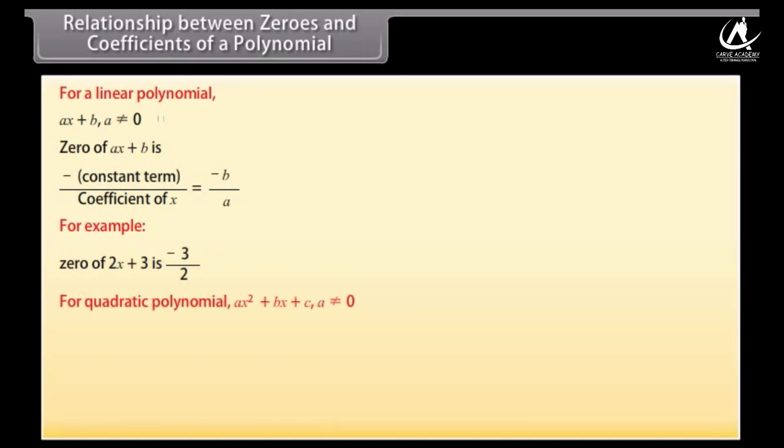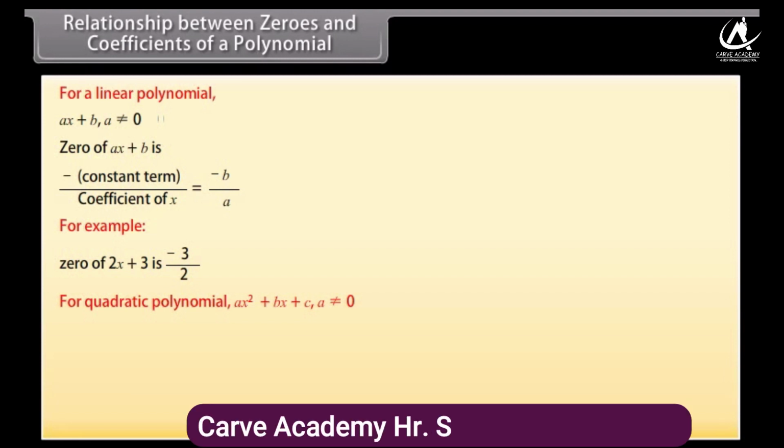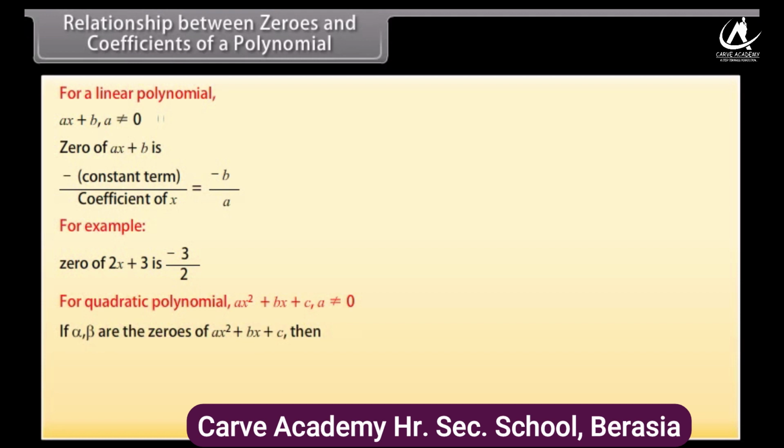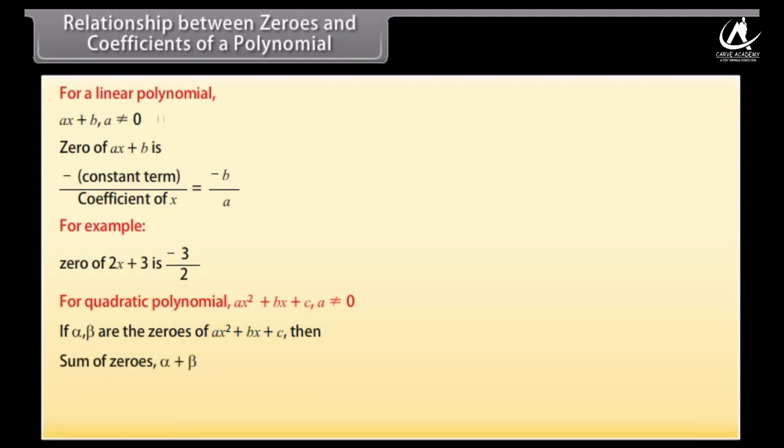For quadratic polynomial ax square plus bx plus c, a is not equal to 0, if alpha, beta are the zeros of ax square plus bx plus c, then sum of zeros, alpha plus beta, is equal to minus coefficient of x upon coefficient of x square, which equals minus b upon a.